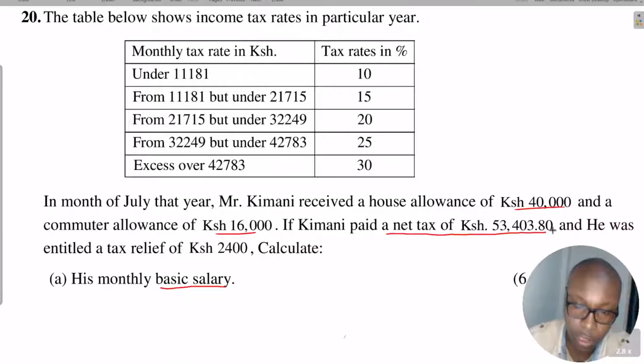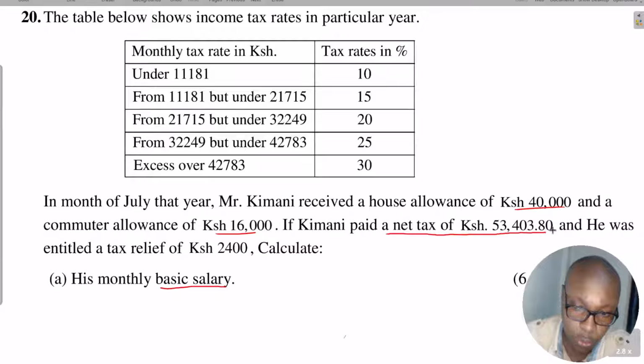From the net tax, we will get the taxable income, and from the taxable income, we will be able to get the basic salary. So this is a case of reverse taxation or backward taxation, whereby you begin from the net tax and you go backwards until you get the taxable income.